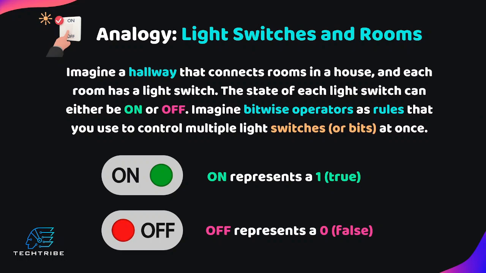Imagine bitwise operators as rules that you use to control multiple light switches or bits at once. In our Go example, we will use the AND operator to perform a subnet masking, an important operation in network programming. But before that, let's talk about key network concepts we will use in our example.